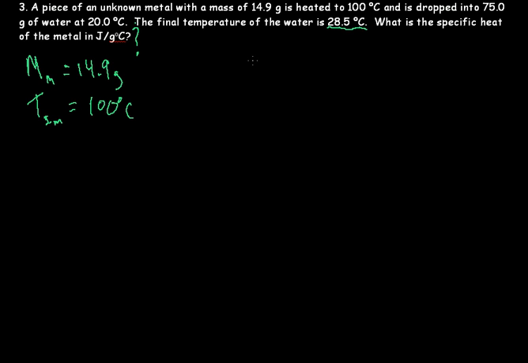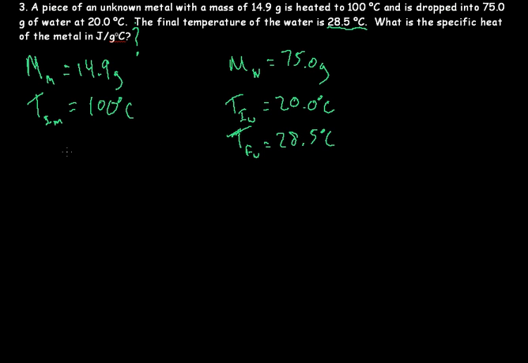And we're going to drop this into 75 grams of water, so the mass of our water is 75.0 grams. The initial temperature of this water, TIW, is 20.0 degrees Celsius. And the final temperature of the water is 28.5 degrees Celsius.